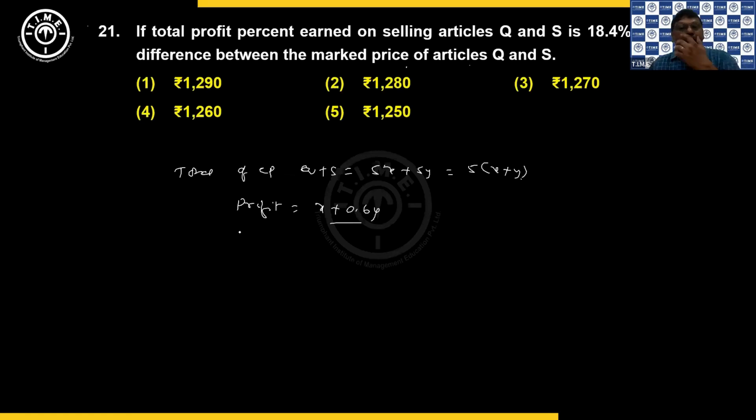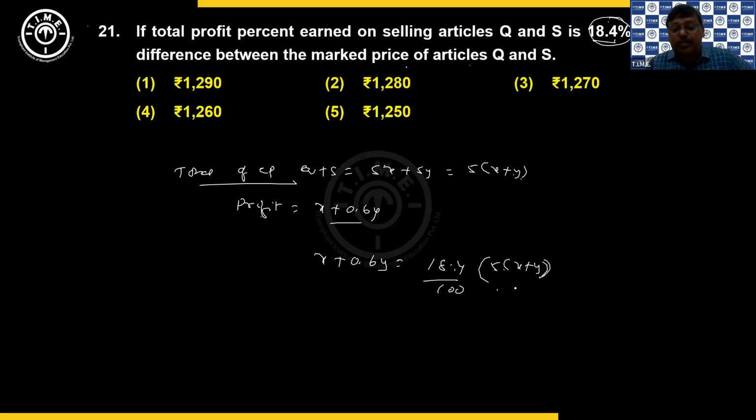This is the profit. But this profit is 18.4% of the total cost price, simple. I repeat, profit or loss is always on cost price. When I say there is a profit of 18.4%, it is 18.4% on the total cost price, 5 times of x plus y, and that is equal to, as per the question, x plus 0.6y.